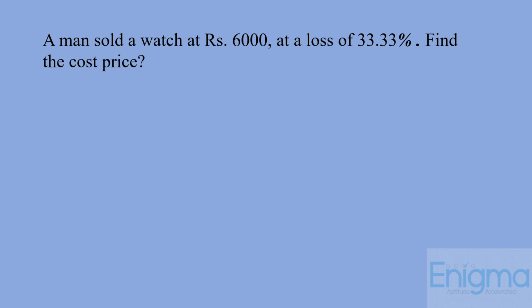9,000. Okay. Very good. Now, if you have understood the concept of multiplying factor, all these questions become very simple and they can be solved in matter of seconds. Okay. A man sold a watch at rupees 6,000. So 6,000 is equal to cost price into now a loss of 33.33.